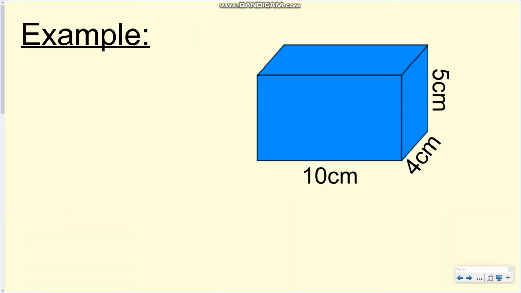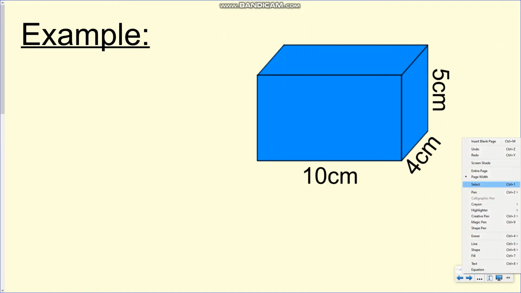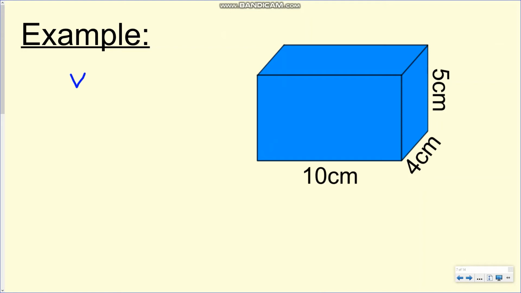Okay, so having a go at some examples of this. First thing I'm going to do when I'm completing an example to find the volume of a cuboid is write down my formula. So V equals L times B times H, length times breadth times height.